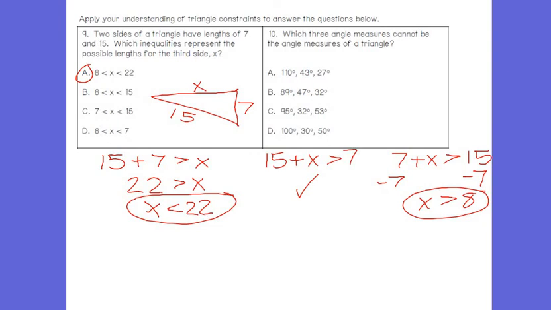Ari can look at this one and say that adds up to exactly 180, right? What about A? What does that add up to? 180. So that's not it. I want the one that cannot make a triangle. So which one is it? B. It is B. That was easy.